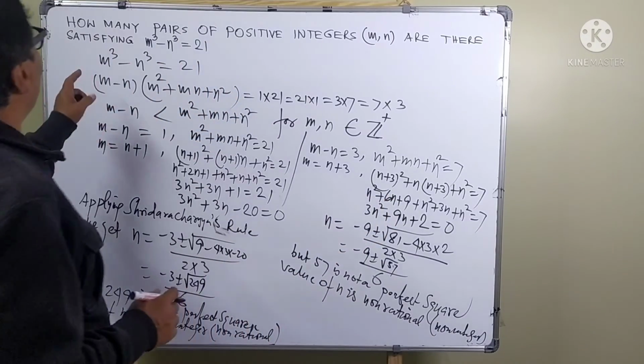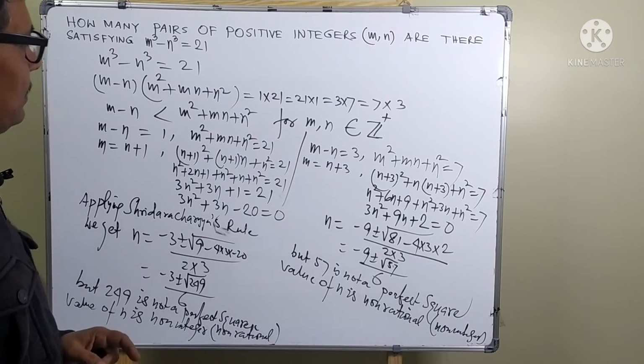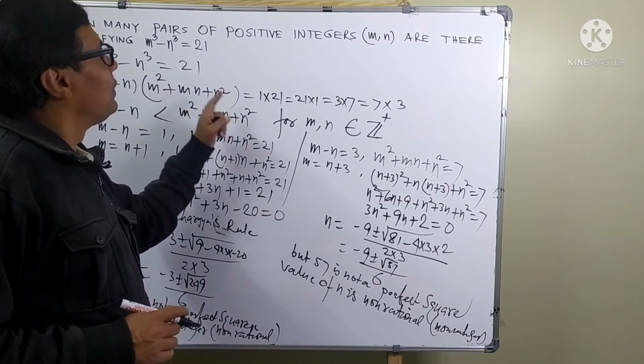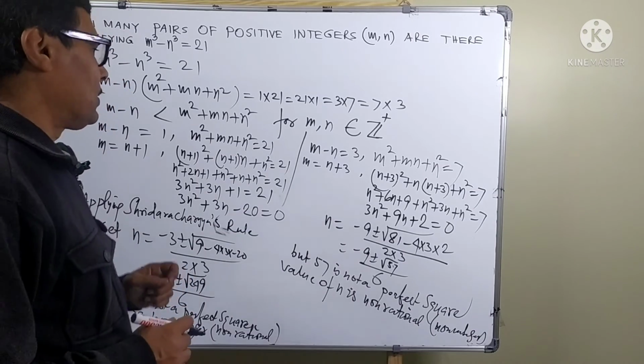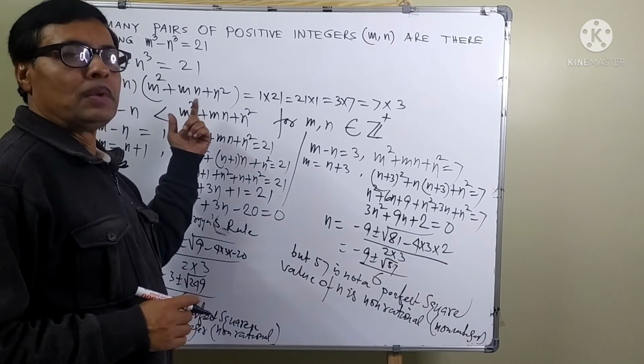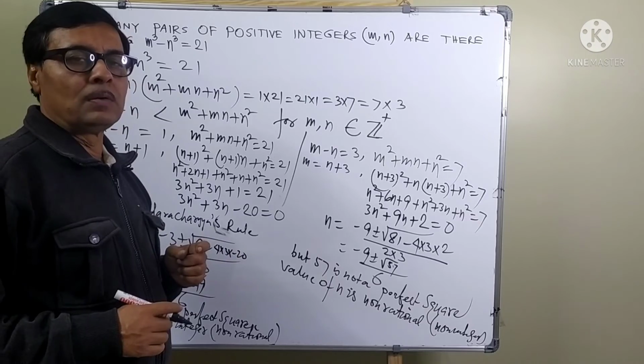So from these two sets of equations, we are not able to find any integer value of n, and consequently we cannot find any integer value of m.